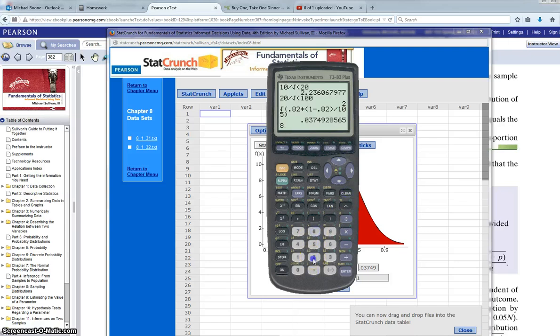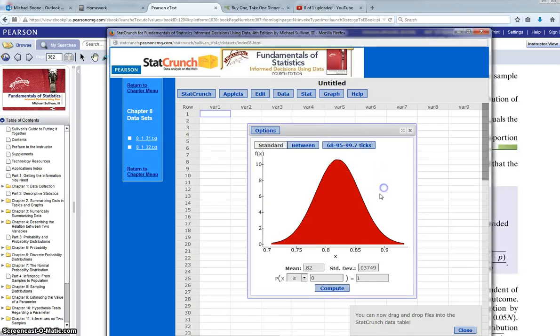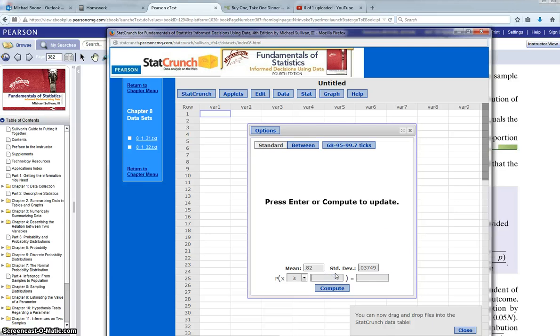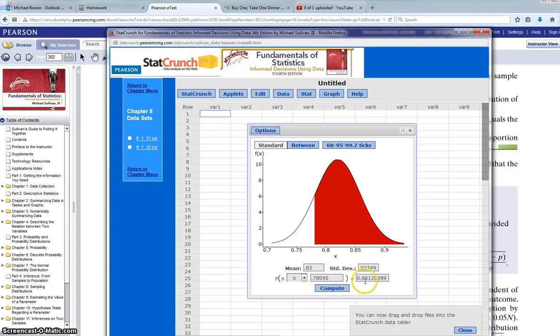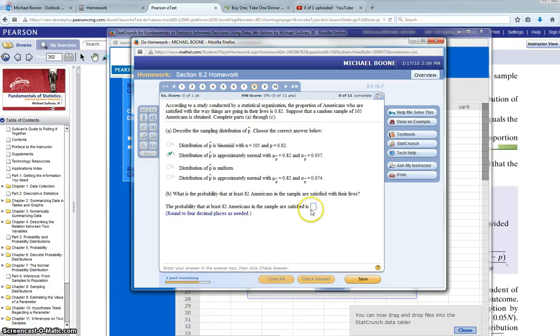I have 82 people out of my sample size of 105. That gives 0.78095. And I get a value of 0.8512. Let's check this. It says 0.8512. Great.